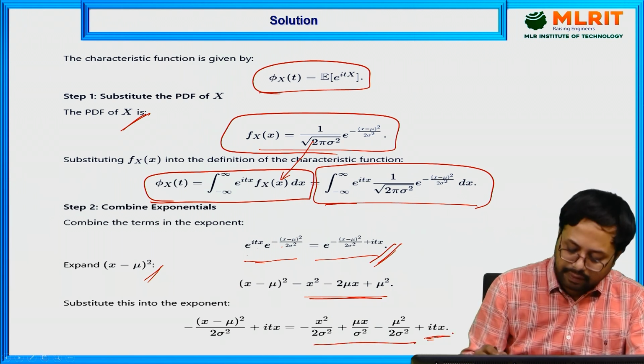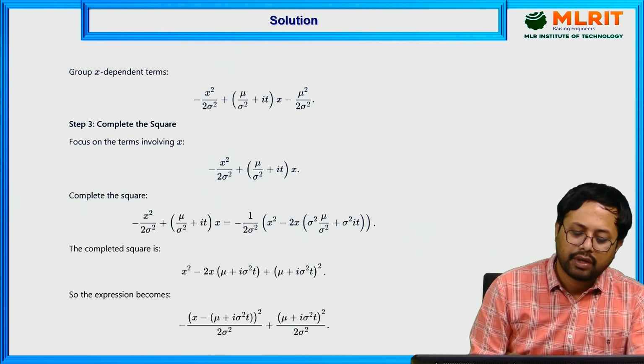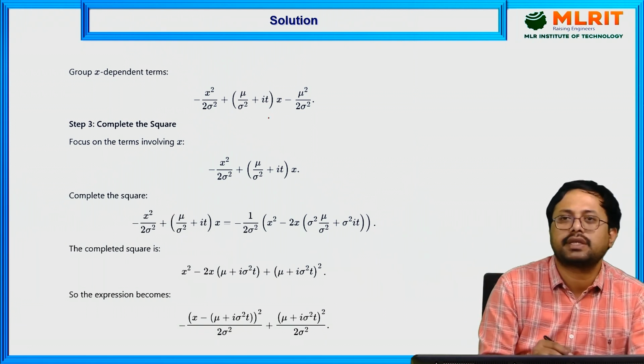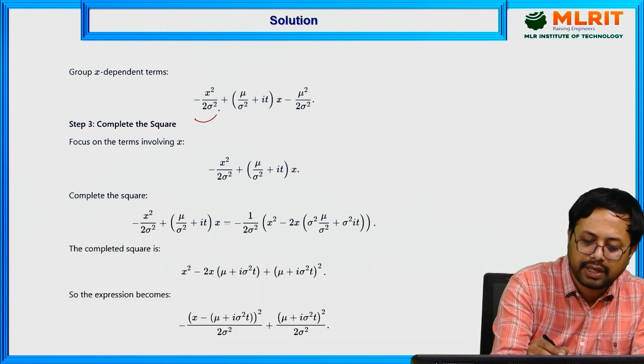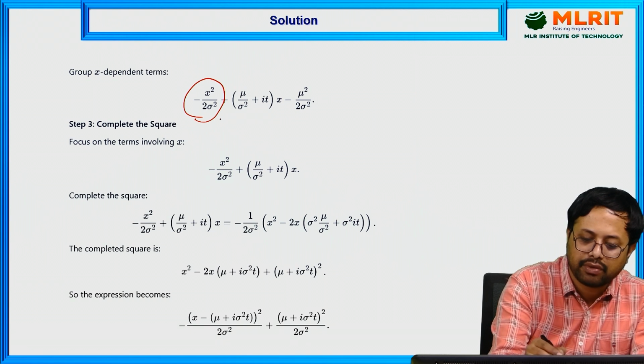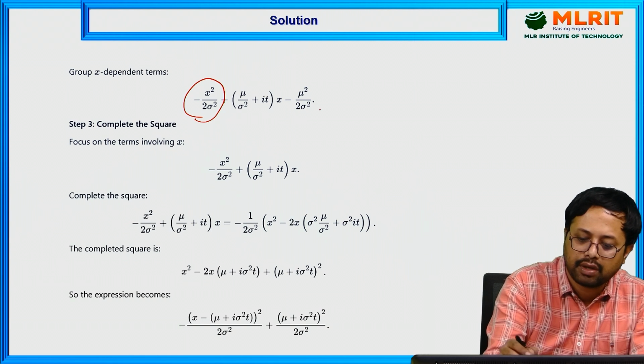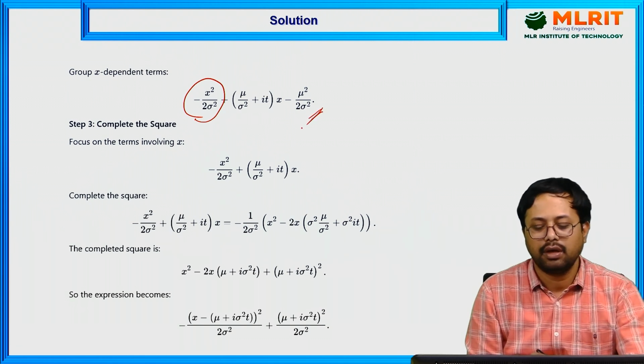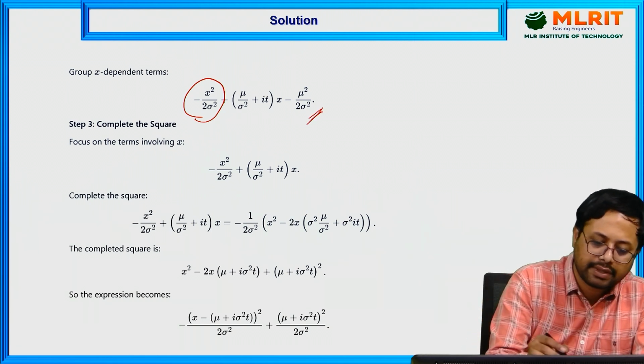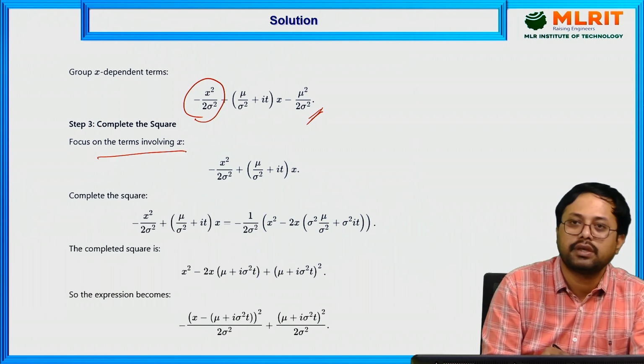Now you can take the x terms common. This is my e power minus x square by 2 sigma square plus mu by sigma square plus itx, minus mu square by 2 sigma square. Now you take the complete square and formulate the terms in terms of x.